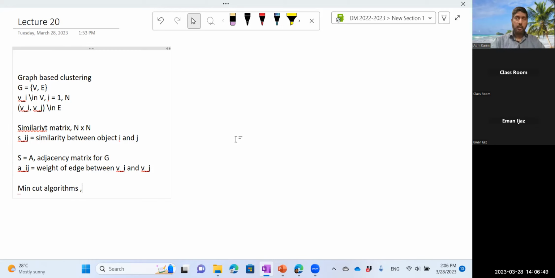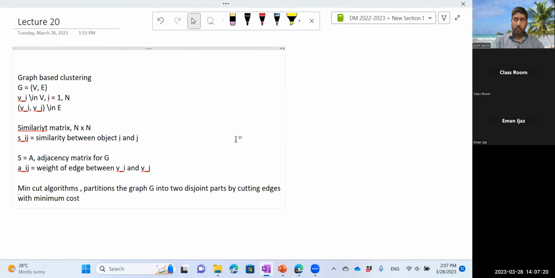This algorithm basically partitions the graph G into two disjoint portions or parts by cutting edges with minimum cost, which cost here is basically similarity.